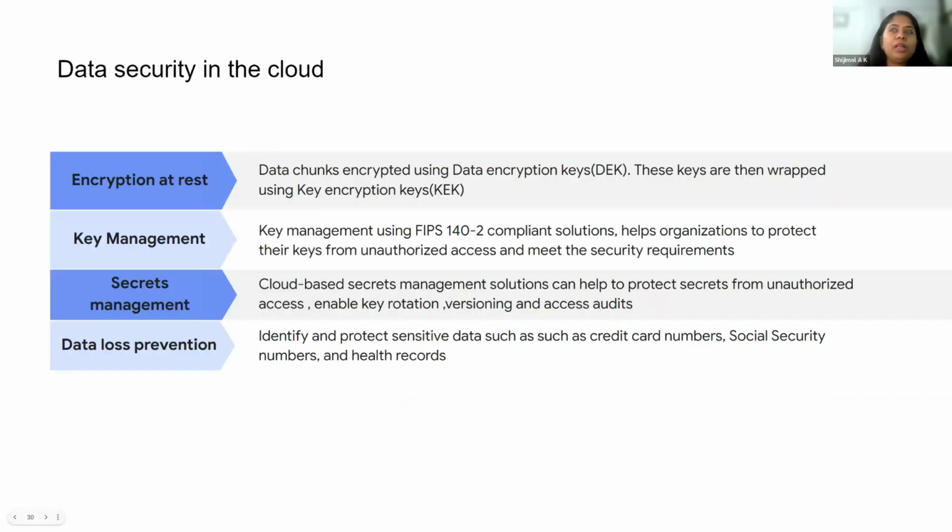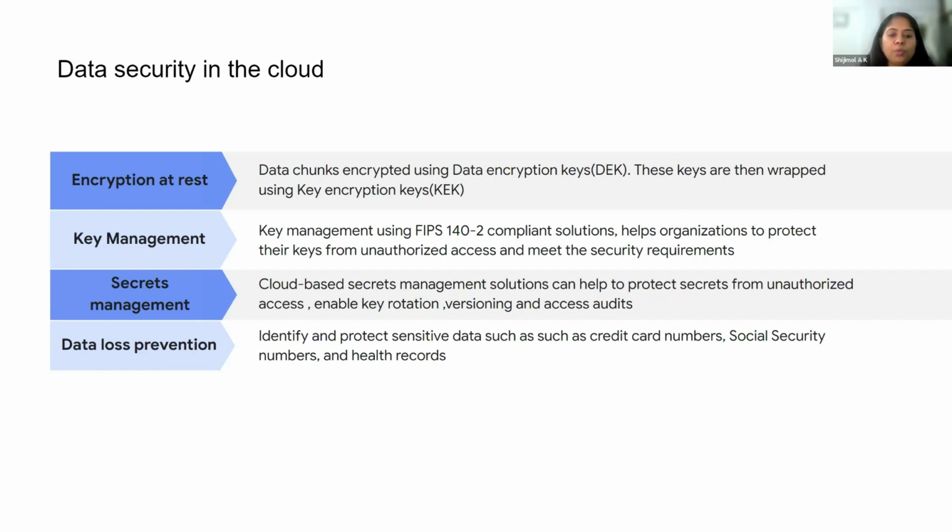Additional data security mechanisms in the cloud that you can leverage for your applications include encryption at rest, which we already explained. Then key management. When you do encryption, you encrypt the data using a data encryption key, then you wrap that key using a key encryption key for an additional layer of security.